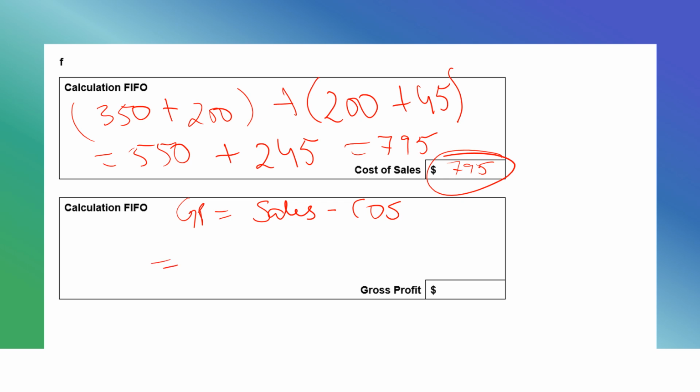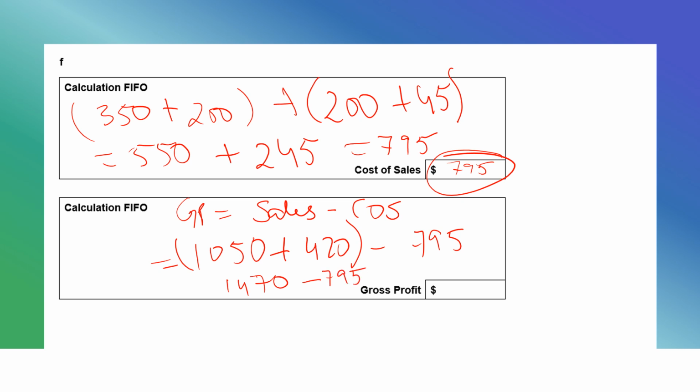So you've got sales is 1050 plus 420, okay, minus 795, which is 1470 minus 795, which gives you 695. Okay, so that's using FIFO.